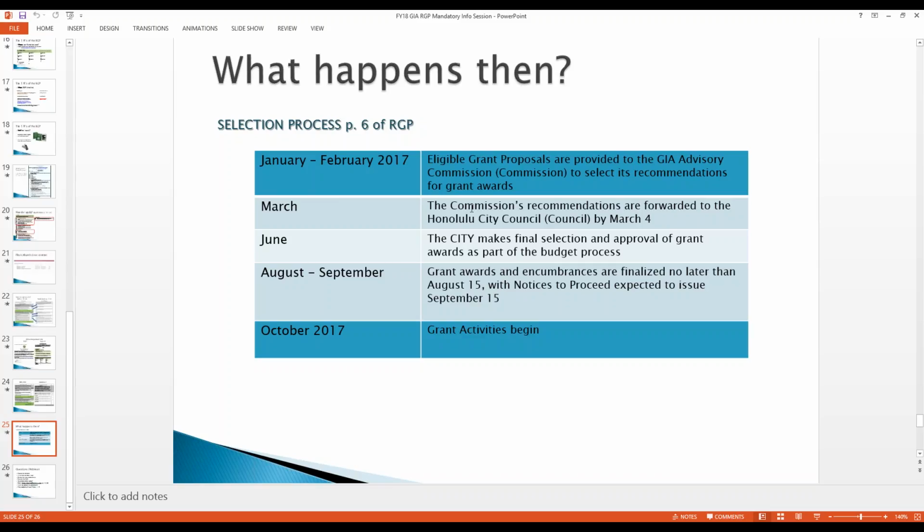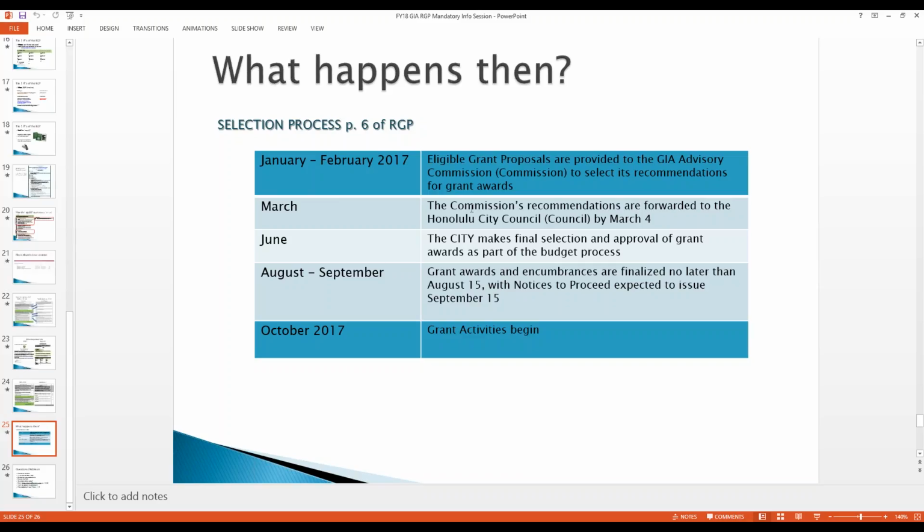Typically, the grants awarded for fiscal year 18 will commence in October 2017. So this is a little bit of an overview of what happens after you submit your grant application.